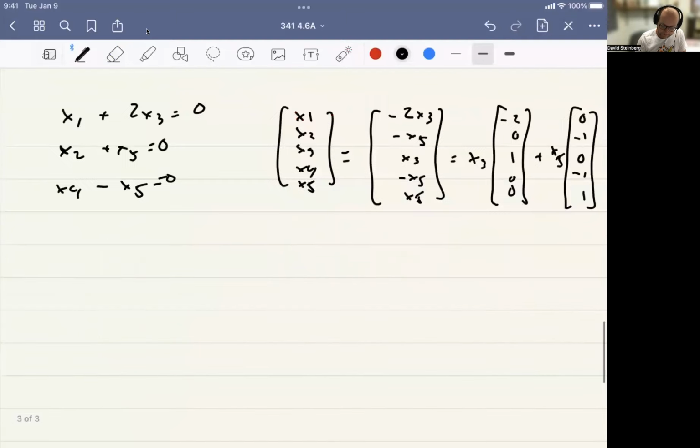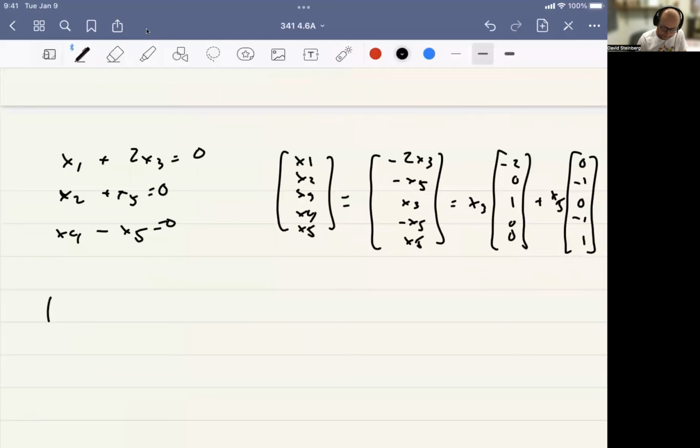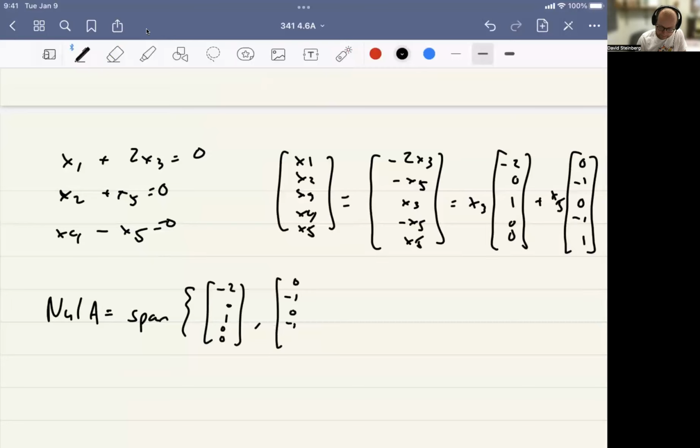And so the null space of A is equal to the span of these two vectors, -2, 0, 1, 0, 0, and 0, -1, 0, -1, 1. And this also is a basis. Okay, good.